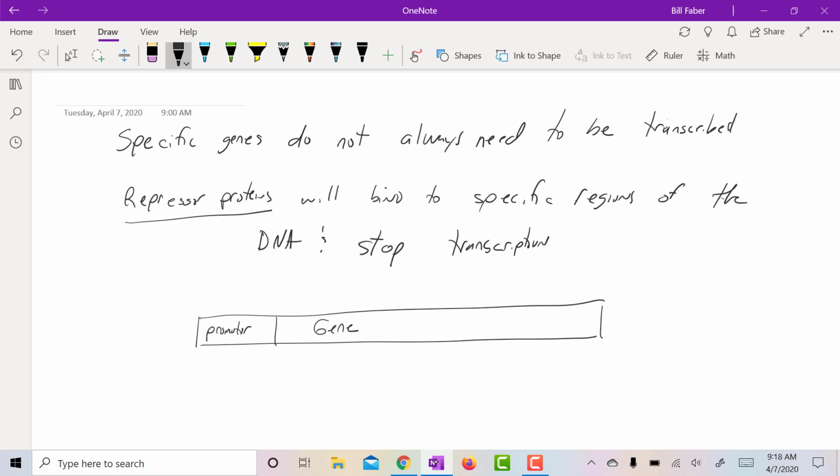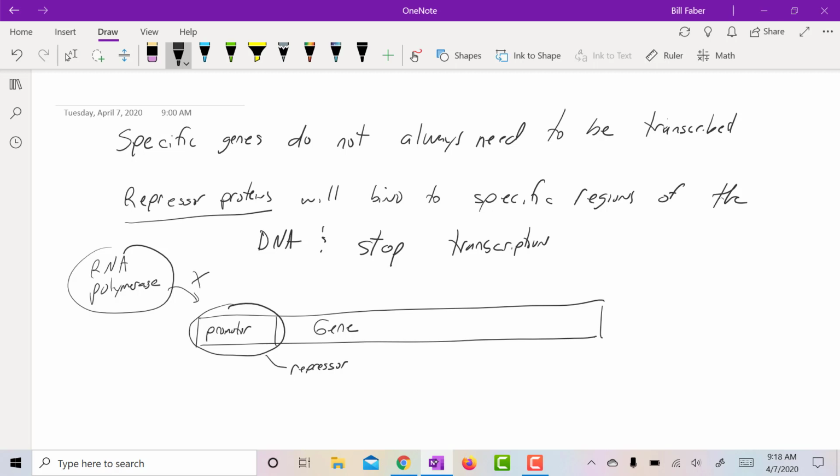If you have a protein that's bound here, so if this is some type of repressor, it's going to stop RNA. So if RNA polymerase is out here, or anything that might want to bind here, it gets blocked, and that gene doesn't get turned on.